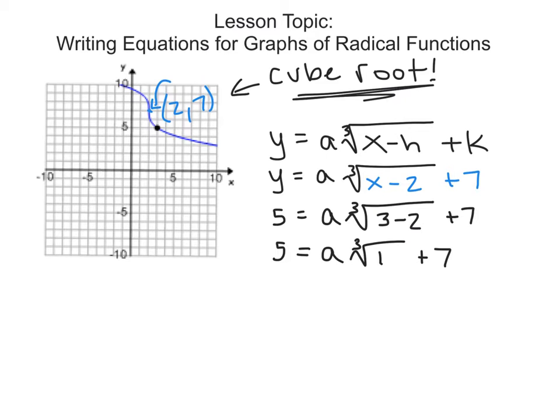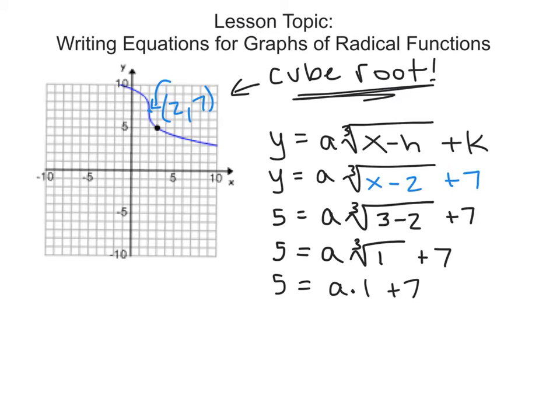Now we need to take the cube root of 1, and you can do that in your calculator, or you can think to yourself, what number multiplied by itself 3 times is 1? And the answer in this case is the number 1. So now we have a times 1 and then plus 7. Remember, to solve for a here, we can think of this as 1a. We're not going to add 1 plus 7. Please make sure you do not do that.